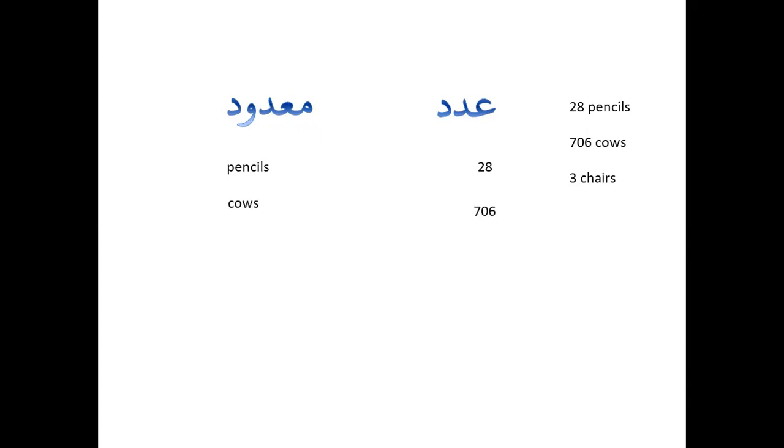Cows. Excellent. Again, 3 chairs. What is adad in this? 3. Excellent. And the madud is? Chairs. Excellent. So you have the concept of adad and madud now. You have to keep both of them separate. Adad means the number. The madud means the things that it is specifying, the number.